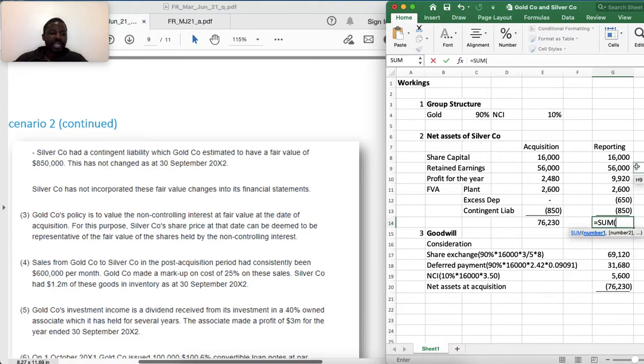Also sum at reporting. So now by this we can now calculate our goodwill. This is our goodwill. We have answered question A for 6 marks, but let's continue.